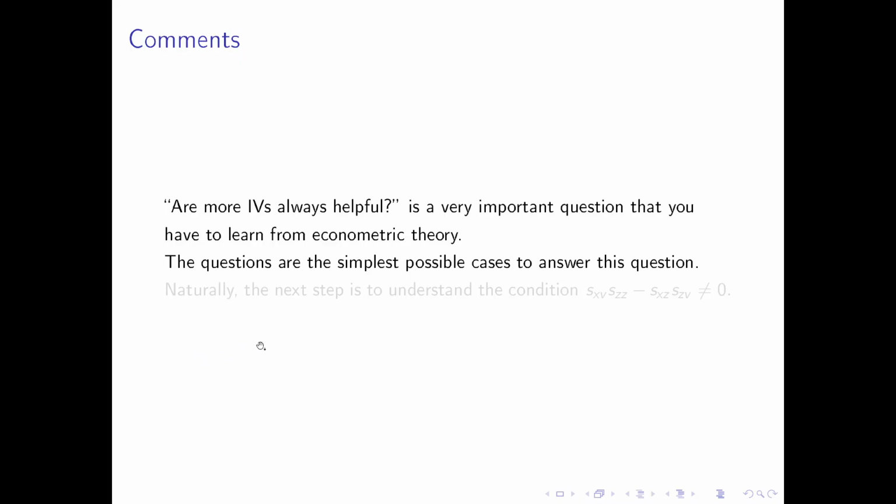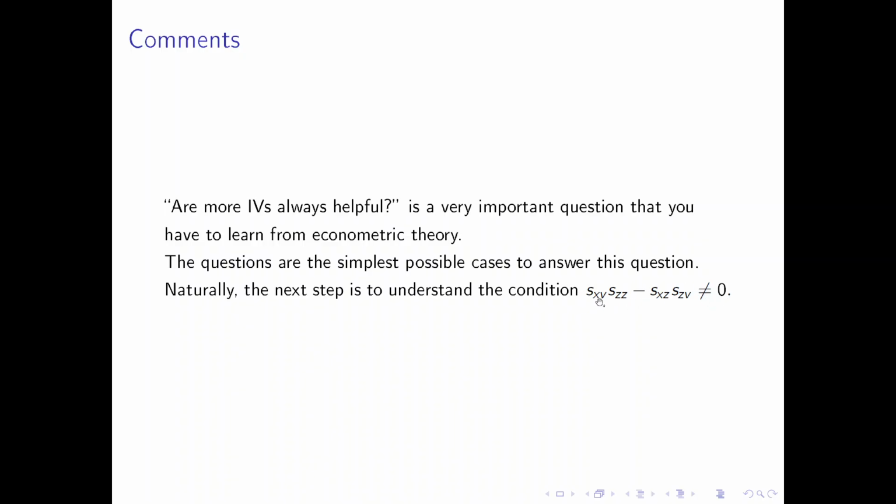So this question was the simplest possible example to demonstrate the more IV, the better. Okay, so our answer was as long as this is not zero, then more IVs are always helpful, right? The more IVs always better.